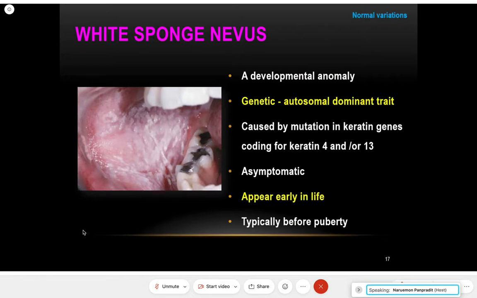So maybe it's something on top of the surface of the epithelium, for example, debris, or like you eat some food or some yogurt and it's still on top of the surface, it can be wiped off.